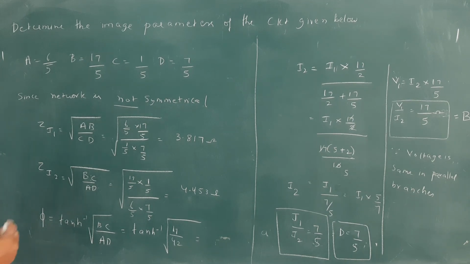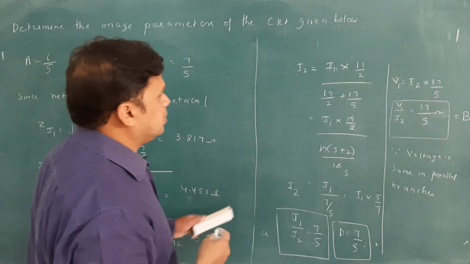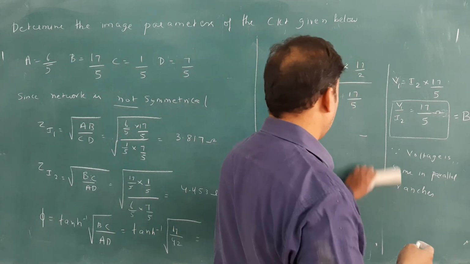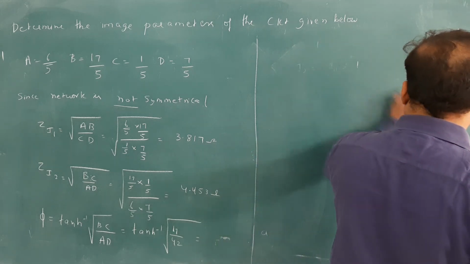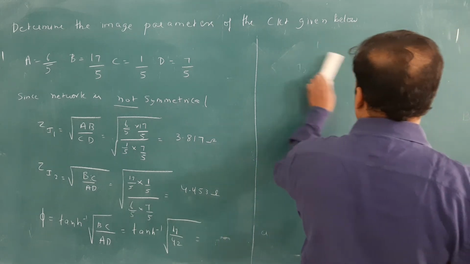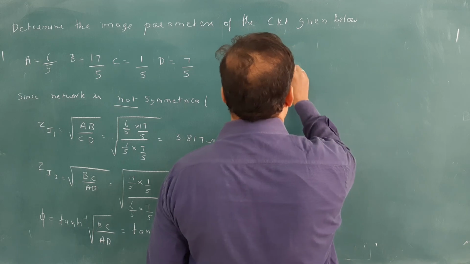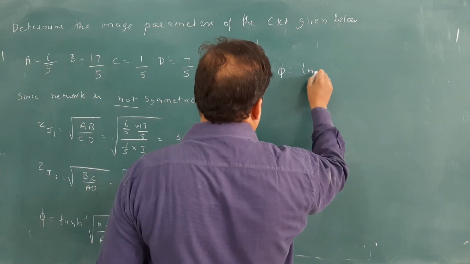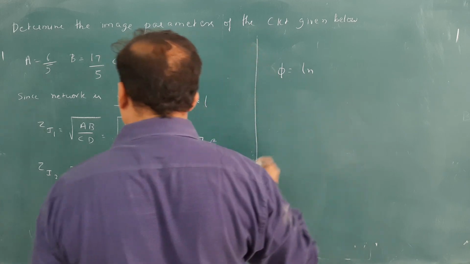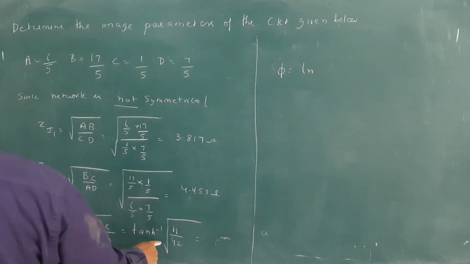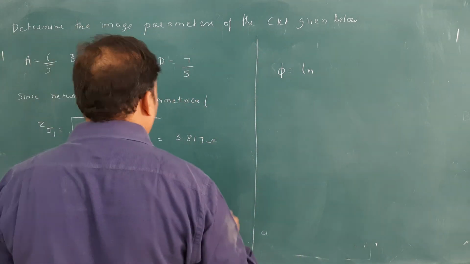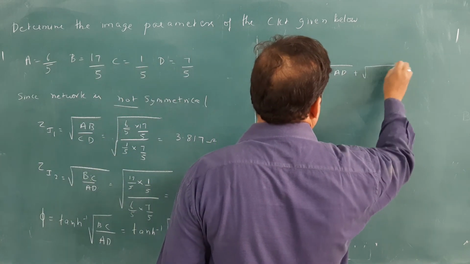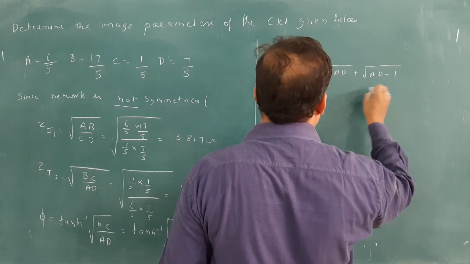And you can also do it in one more way. Phi is equal to logarithm of square root of AD plus square root of AD minus 1.